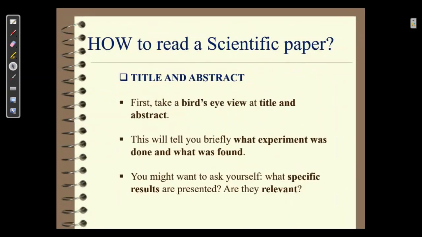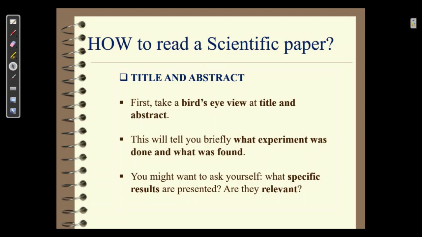So for example, the first sections I have to look at are the title and abstract. I have a quick look at the title and abstract, then I should go to the experiment very briefly.